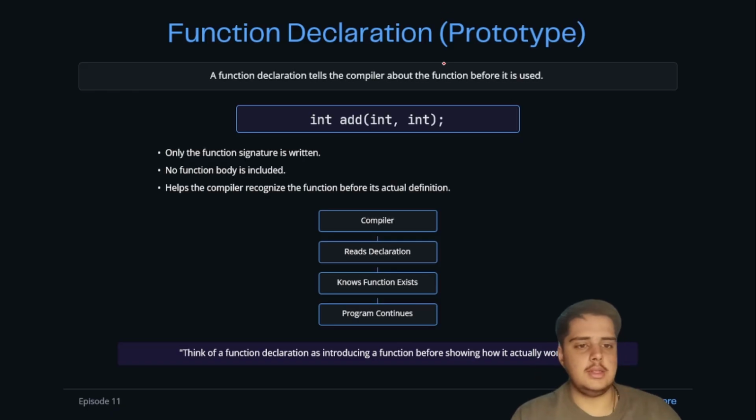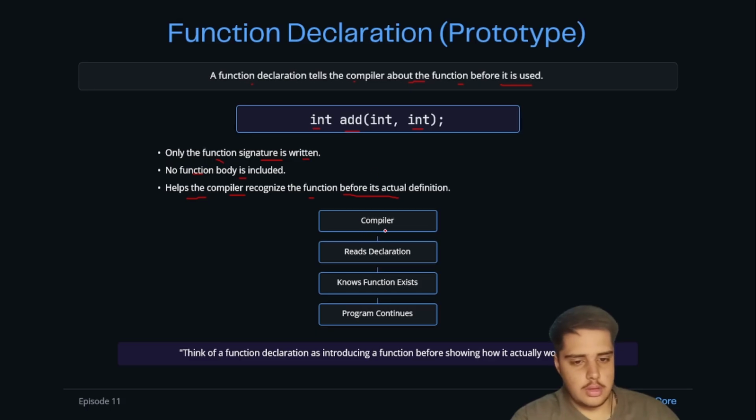Function declaration, or prototype. A function declaration tells the compiler about the function before it is used. Like int add, int and another int. Only the function signature is written. No function body is included. Like here you can see there is no function body, and it helps the compiler recognize the function before its actual definition.